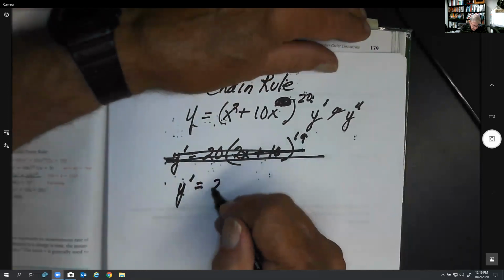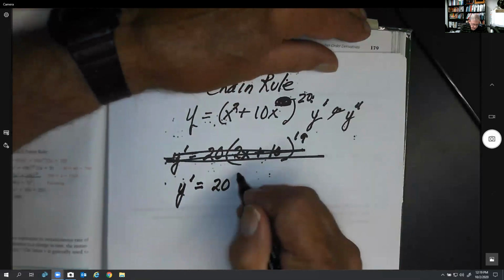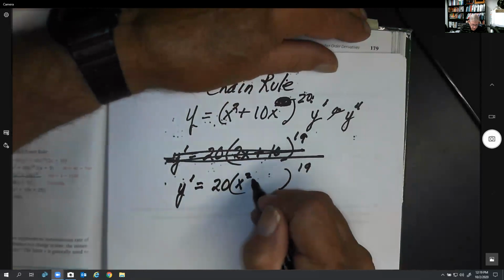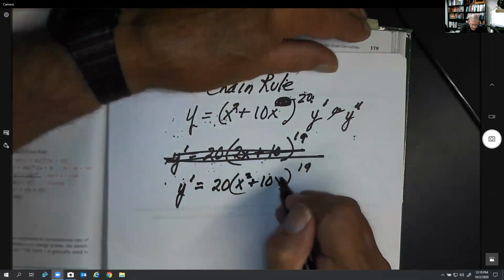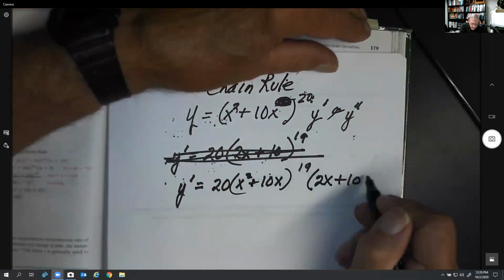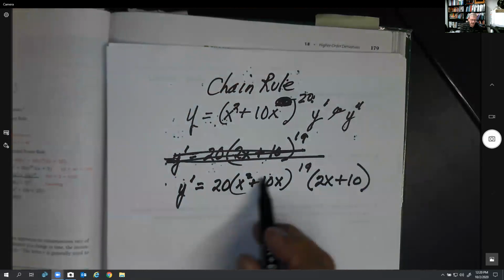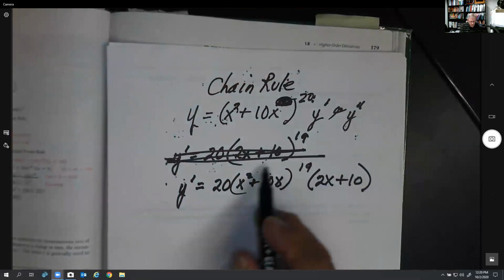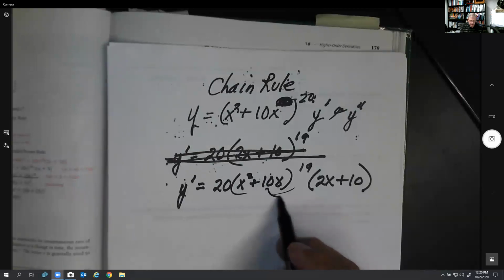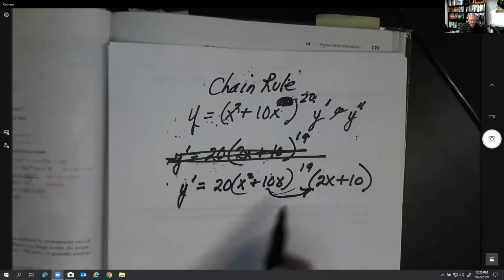This would be 20 parentheses to the 19th, but this stuff stays, x squared plus 10x, my mistake. Now we're going to take the derivative of the inside, 2x plus 10. There we go. So it's the derivative of the outside, but we keep the parentheses. We don't change it. Then we take the derivative of the inside, the parentheses.